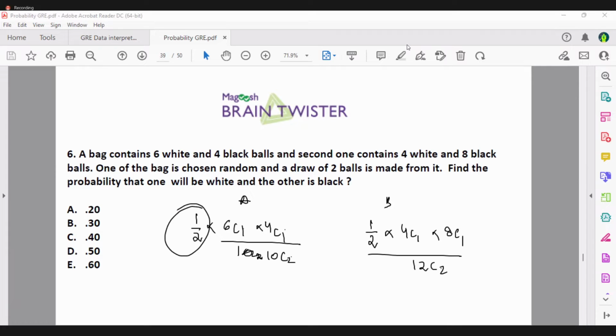Has anyone done this question? Sir, I got 0.5. You got 0.5? Okay. I'm not sure if it's correct.